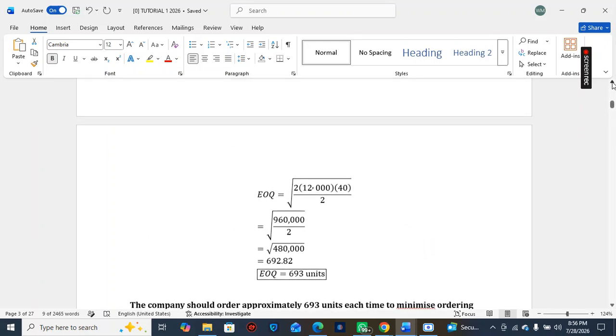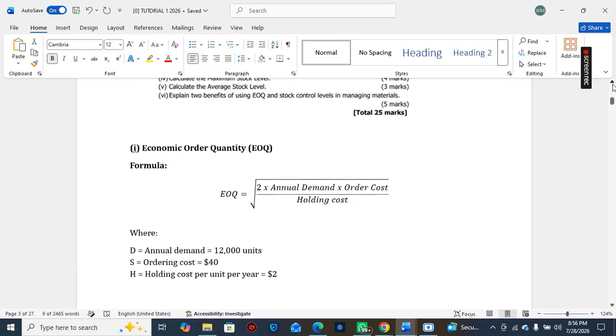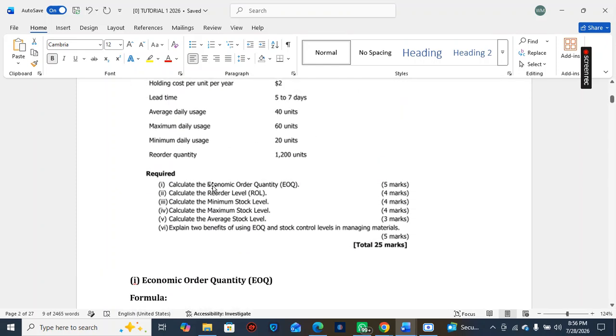I told you we did this topic, so I know most of you remember all of this. Calculate the minimum stock level. Colleagues, what's the minimum stock level?